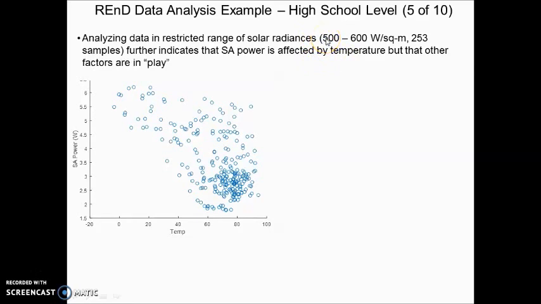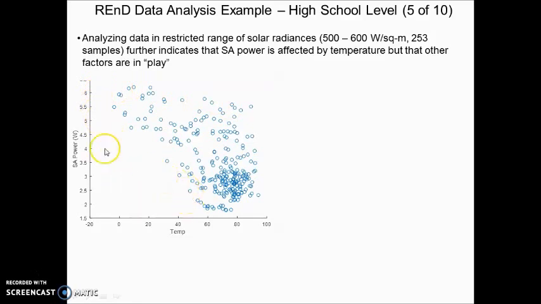So I went back to the set of 2,200 or whatever it was samples, covering all of the different solar radiances, and extracted a subset that just dealt with the solar radiances between 500 and 600 watts per square meter. That produced about 253 samples.